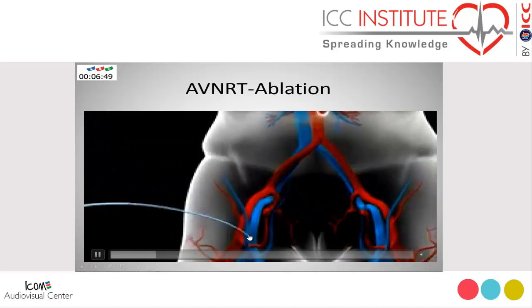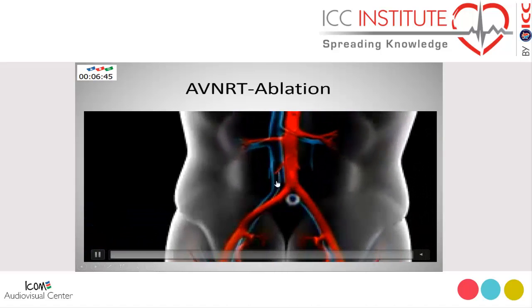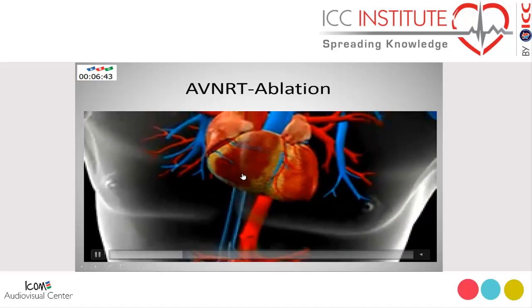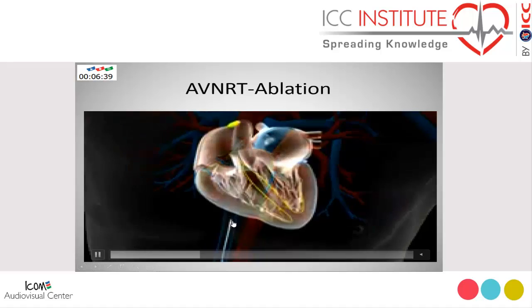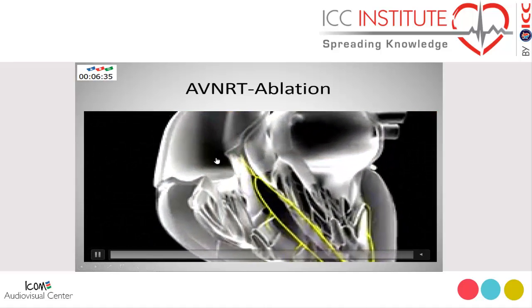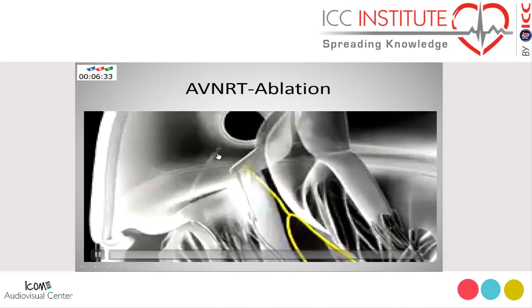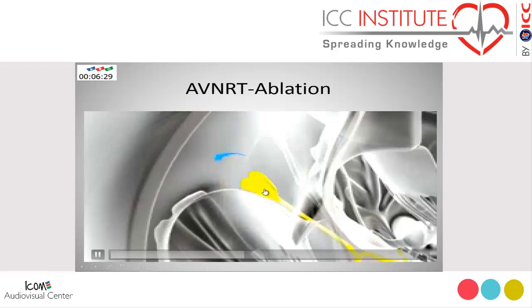We introduce it into the femoral vein here. It proceeds up to the inferior vena cava, and this is a cut section of the heart. It goes through the inferior vena cava here, into the right atrium, and this is the AV node, and this is the tachycardia.